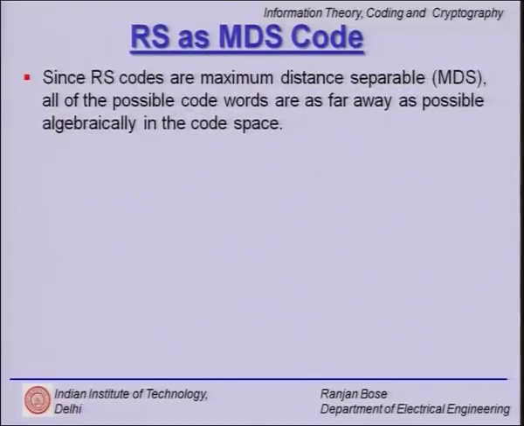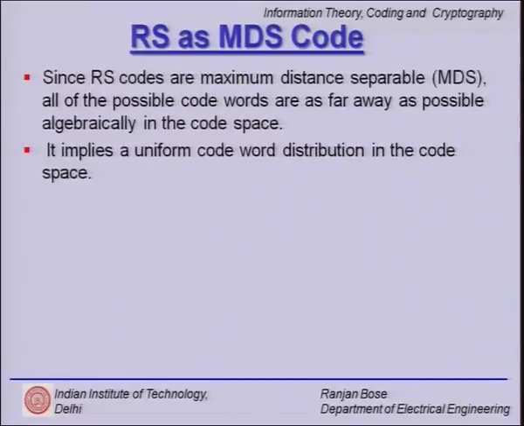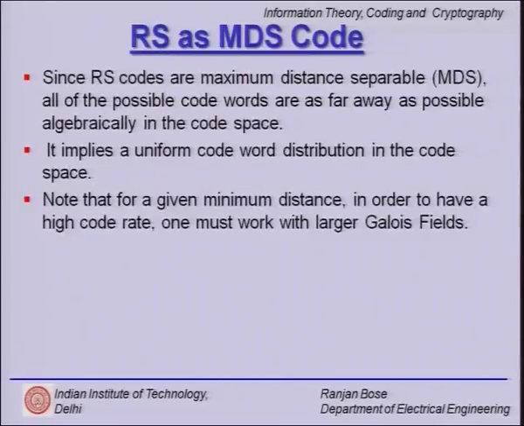So, what does this maximum distance separable code mean? Intuitively, it says the code words are as far as possible algebraically in the code space. That is the maximum distance separable. You can't separate them out anymore. And this also implies that there is some kind of a uniform word distribution in the code space.